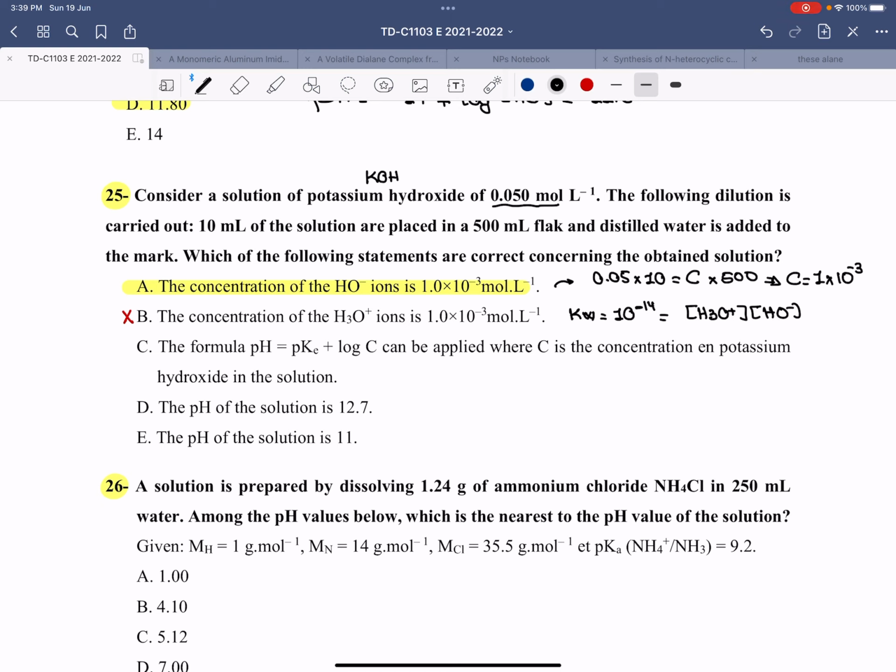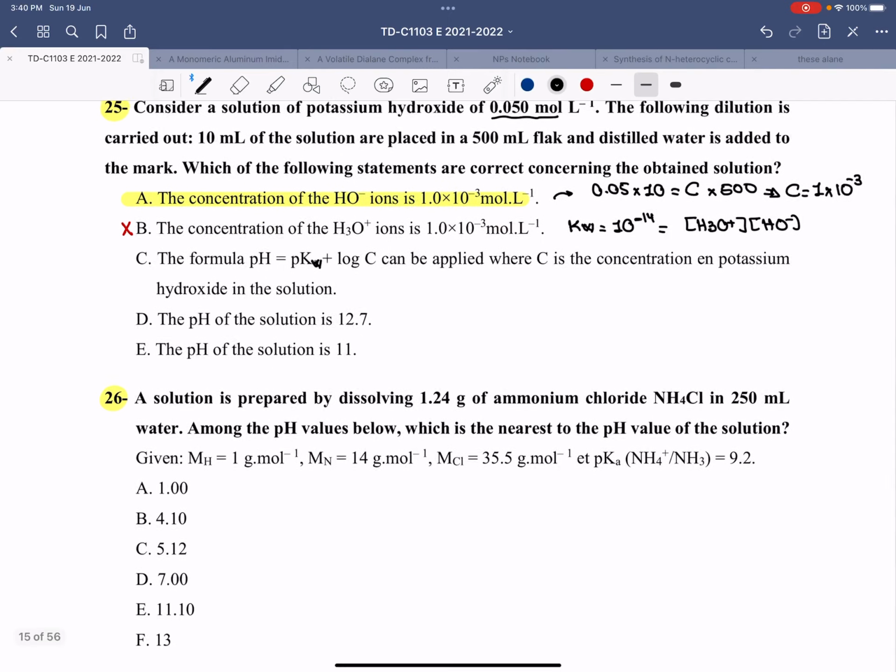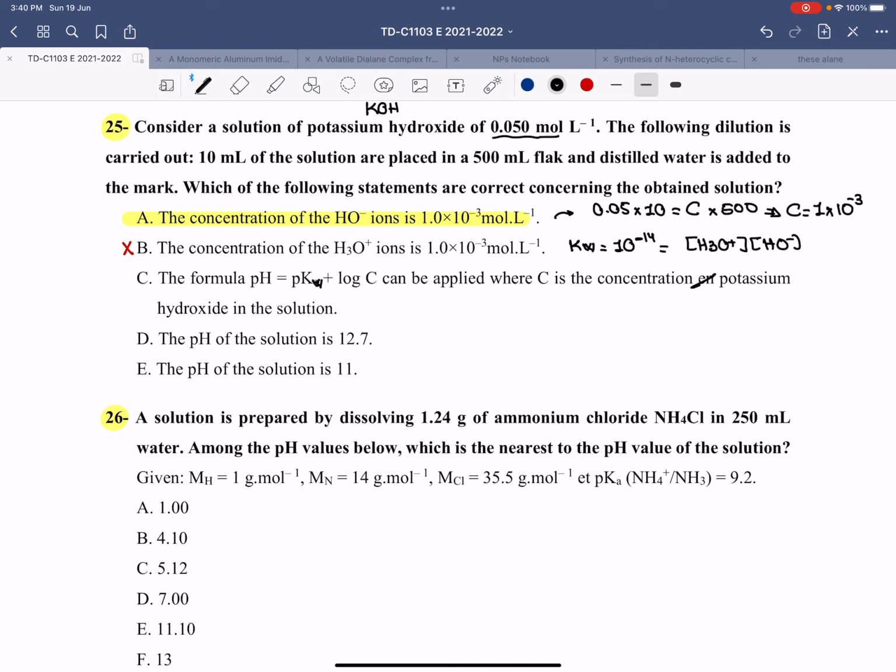The formula pH equals pKw, which is 14, plus log C can be applied where C is the concentration of potassium hydroxide in the solution.